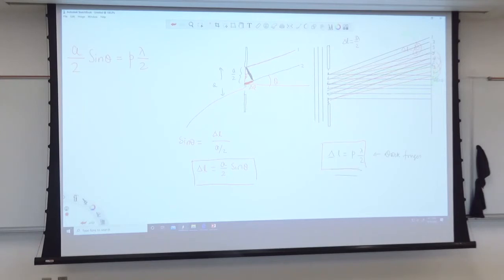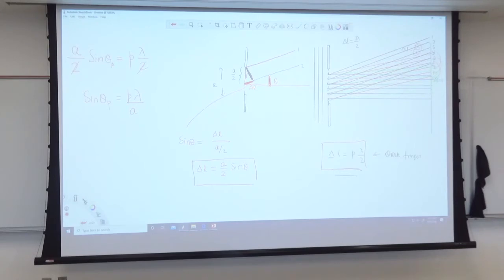Okay, for the first one it's 1, for the second one it's 2, so we can just write p. So 2 and 2 cancel, we get a sine theta p is p lambda. And this is the sine of the angle formed by the rays with this central line. Okay, so that's the angle.